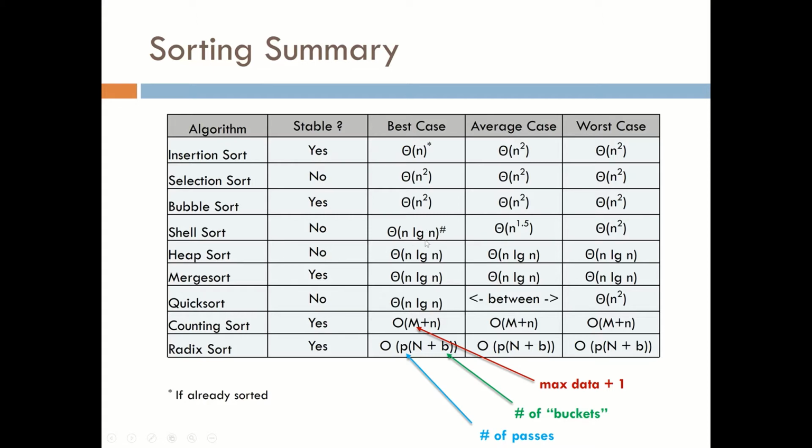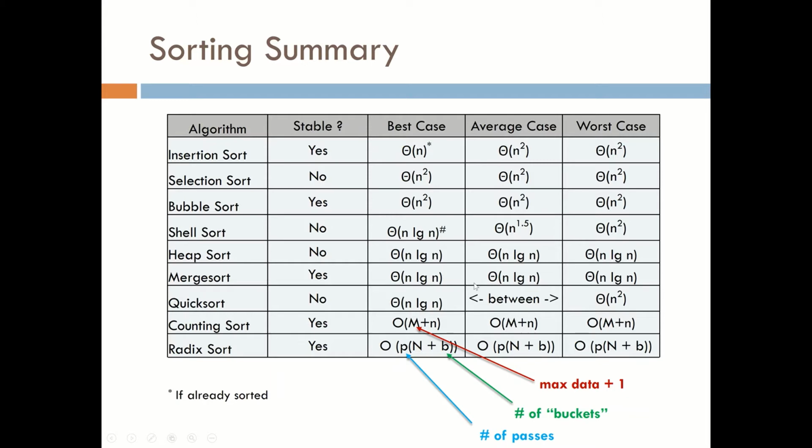If the data is already sorted, then it's n log n, but that's in the best case only. So roughly n to the 1.4, n to the 1.5 is the average case, and it can go as bad as n squared. Heap sort is n log n in all cases.